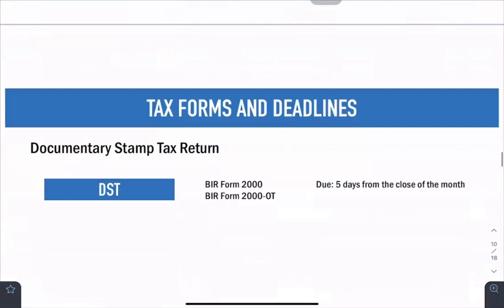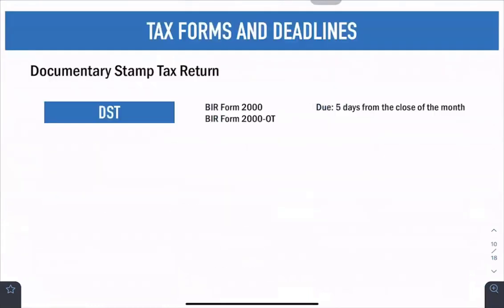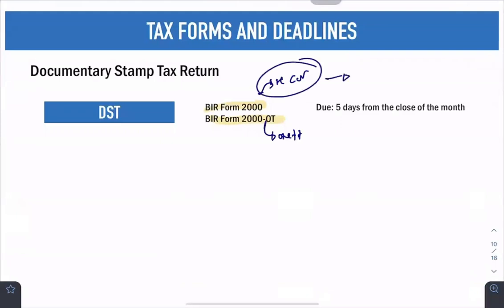Next, we have your documentary stamp tax. It is BIR Form 2000 for recurring transactions, and for one-time transactions, you use BIR Form 2000 OT. When will you use BIR Form 2000? If the business entity is engaged in transactions in which normally there is a documentary stamp.